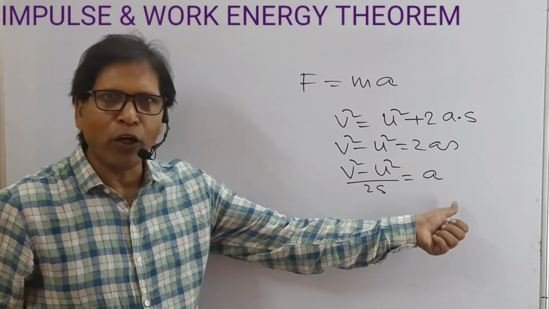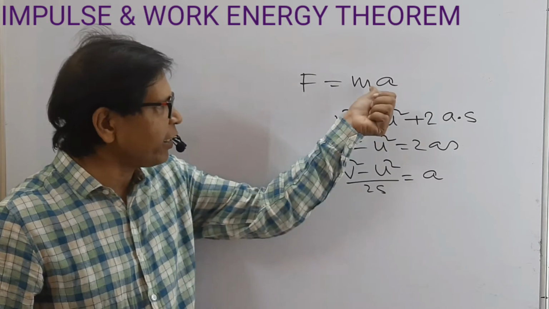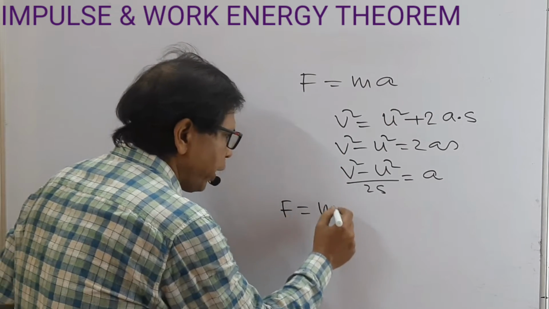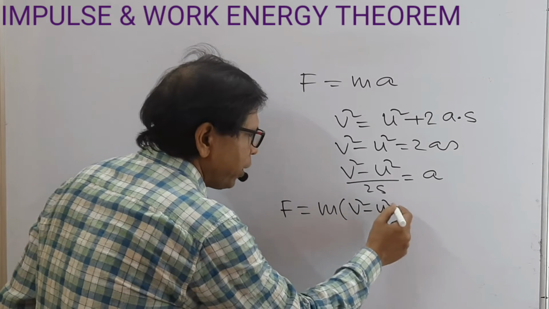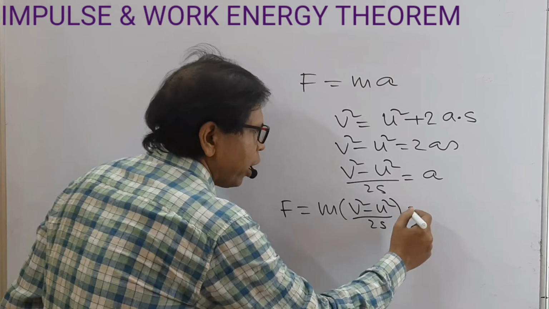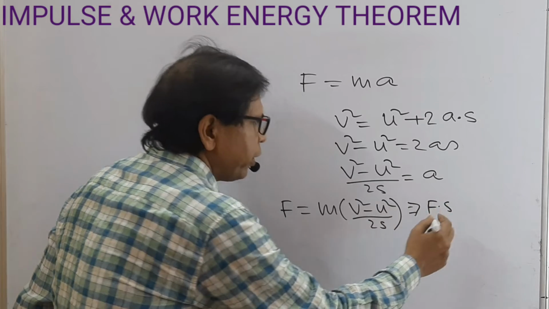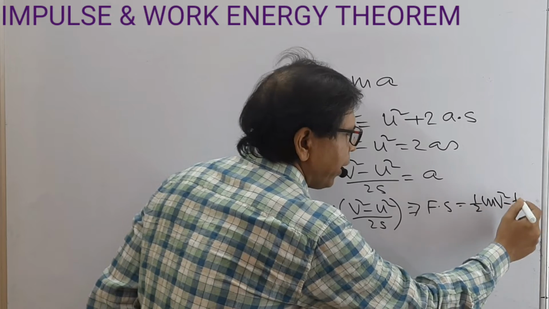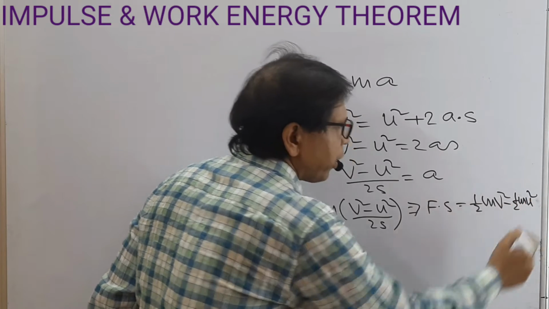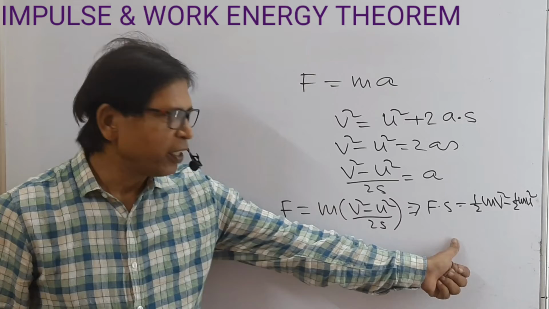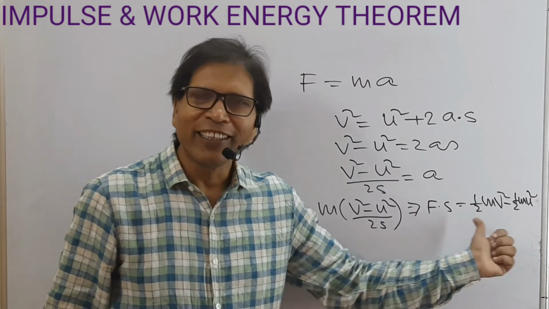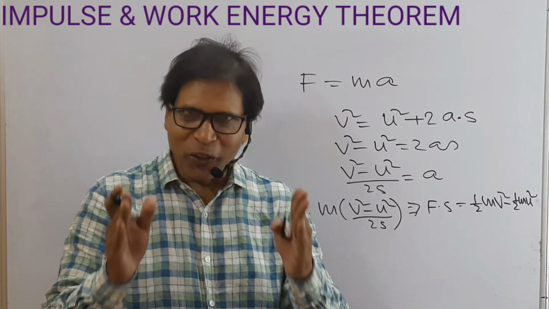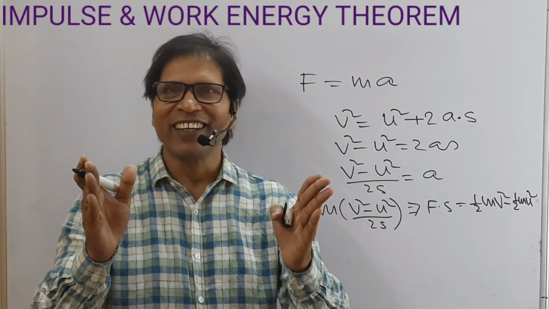If we put this value of acceleration in the equation, we get F equals m into v square minus u square by 2s. Therefore, F into s is equal to half mv square minus half mu square. No problem? That is, work done equals change of kinetic energy. This expression is known as the work energy theorem.